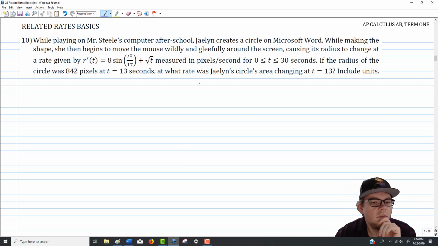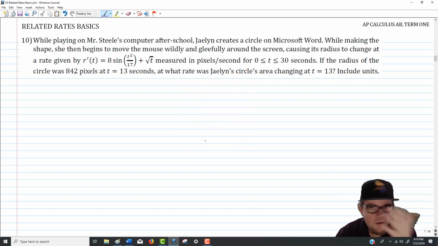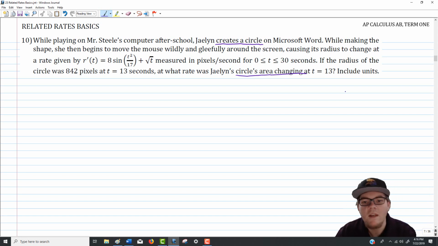So let's start with a quick little inventory. Let's see if we can get out everything that we do know in this situation, and then see what we can bring together. Jalen creates a circle, and then later it mentions a circle's area changing. That screams to me that we need the area of a circle, and you should know that the area of a circle is pi r squared, pi times the radius squared.